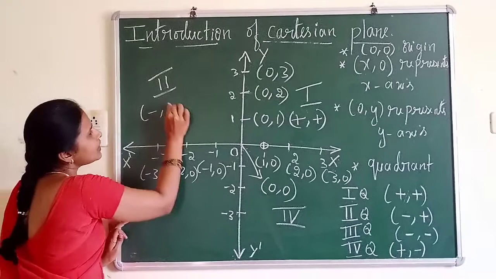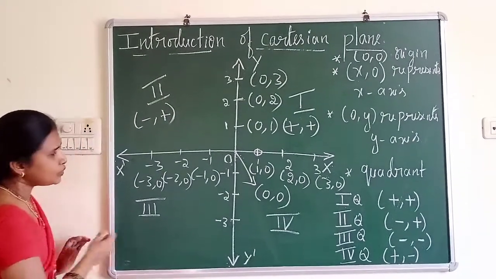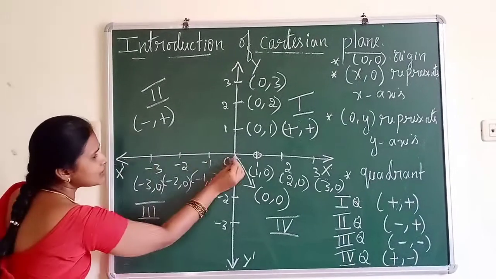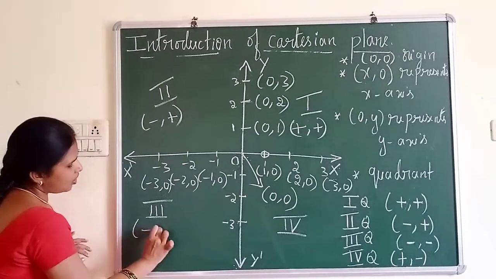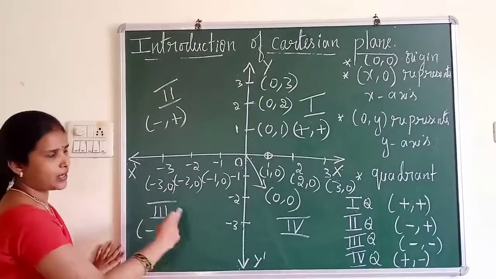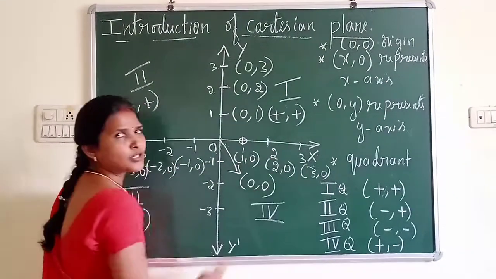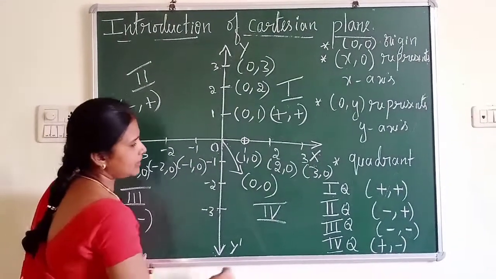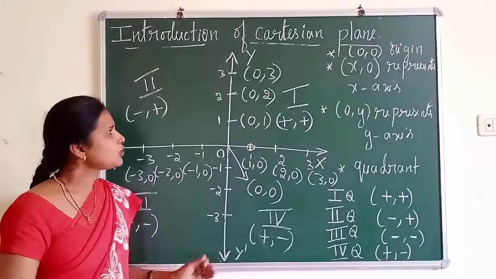So (-, +) represents the second quadrant. Coming to the third quadrant, the x-axis is negative and the y-axis is also negative. So ordered pairs of the form (-, -) represent the third quadrant. And in the fourth quadrant, the x-axis is positive and the y-axis is negative. So (+, -) represents the fourth quadrant.